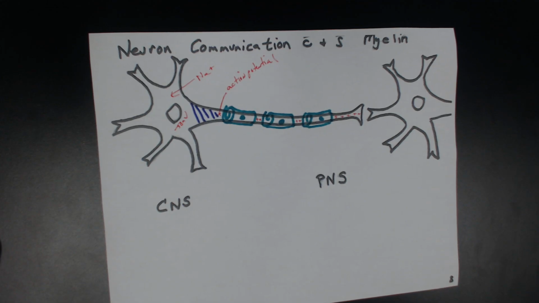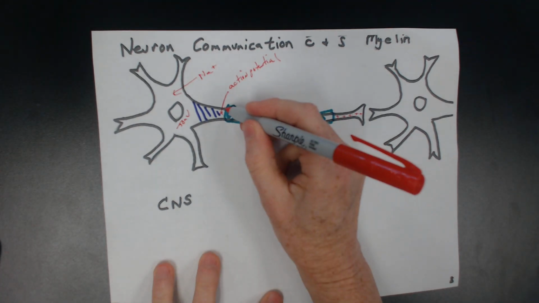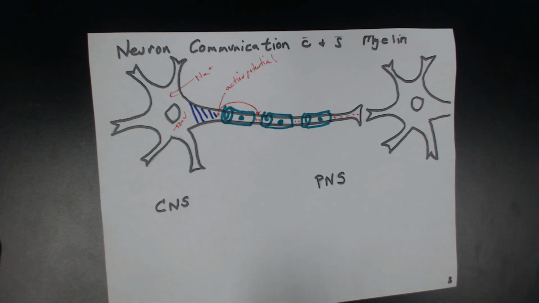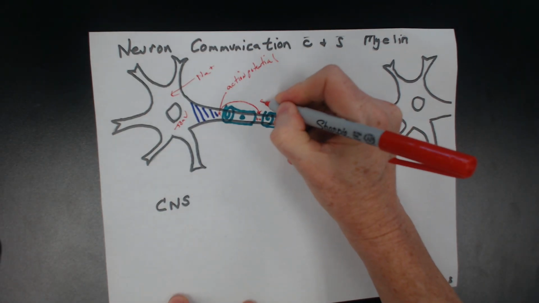That's going to be the important part of myelination. As I said, this process has a name: the jumping of the action potential basically over the myelin sheath has a name. Does anyone know what that name is? It's called saltatory conduction.